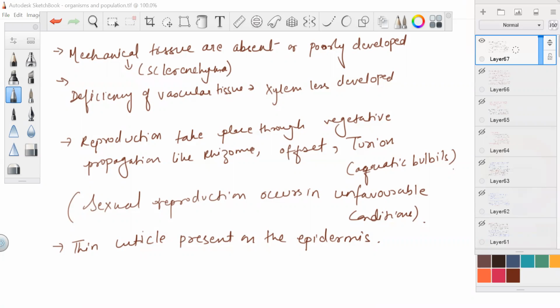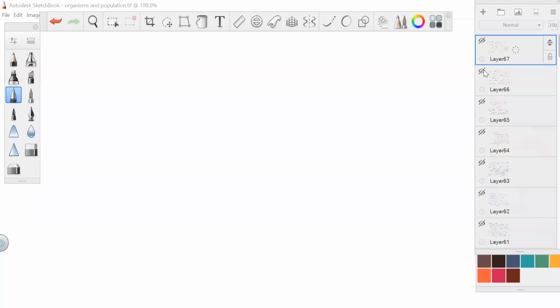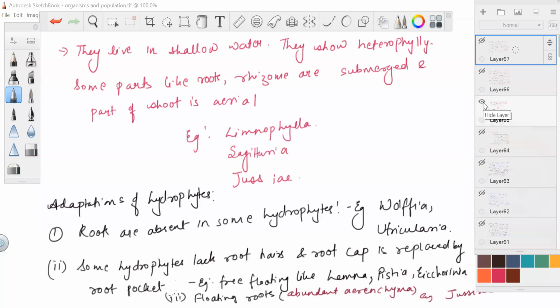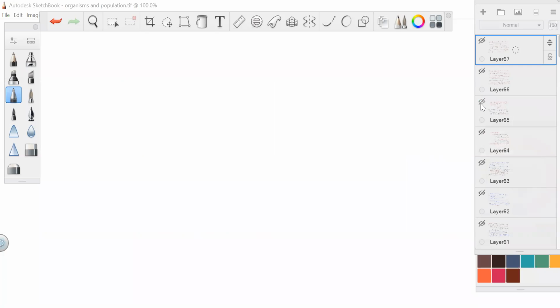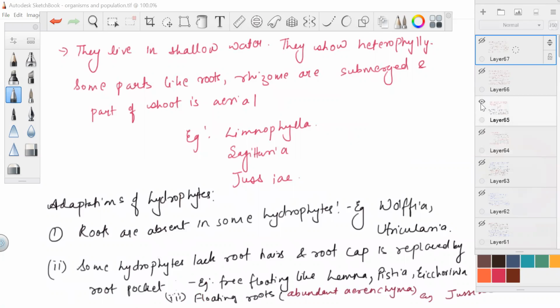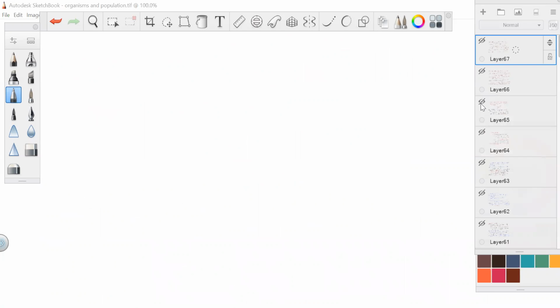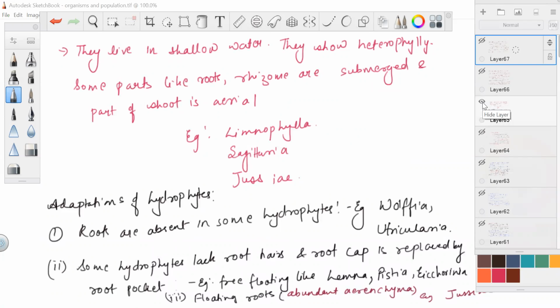Did I tell you about amphibious hydrophytes also? The emergent ones. I showed you the emergent one, I had made you write. So another classification also is amphibious. In submerged there will be suspended and rooted.